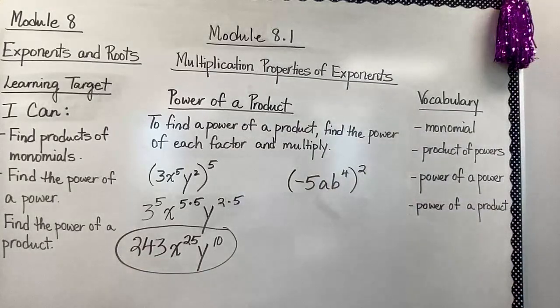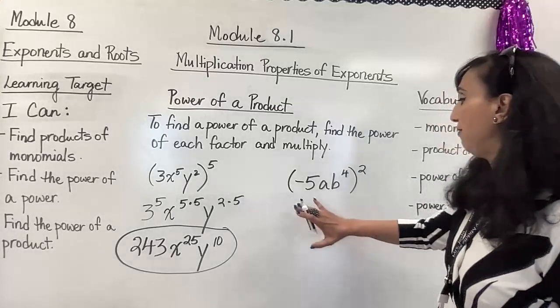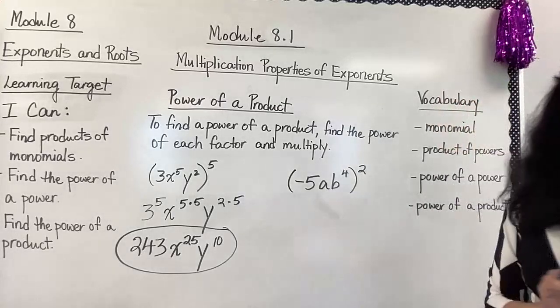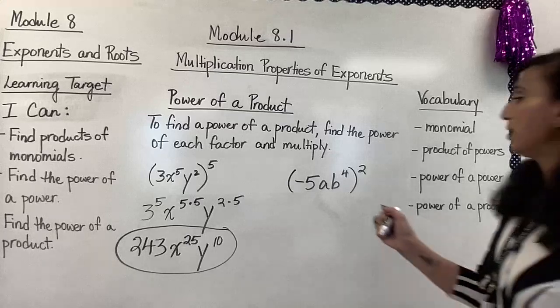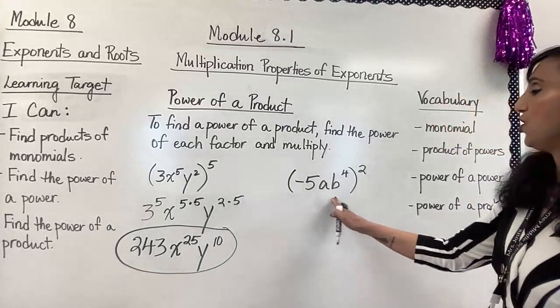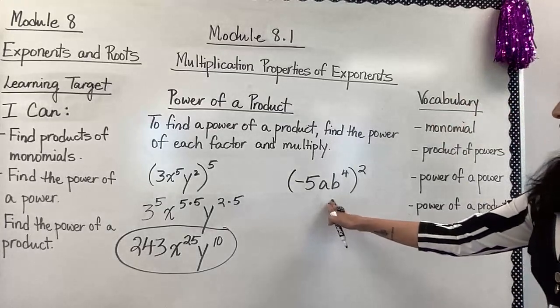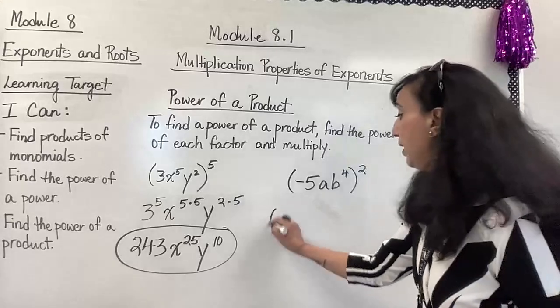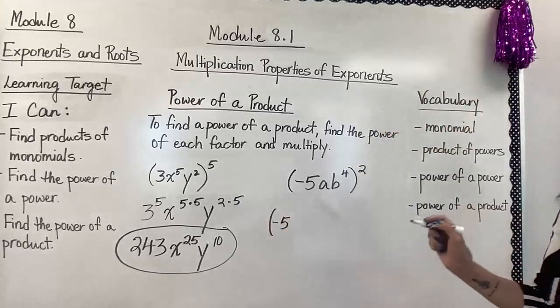Okay, so now, once again, I am going to take each of these separately, and the factors are -5, a, and b. And I'm going to go ahead and use the power of a product where I am separating each of these and I am multiplying it. Okay, so we are going to go ahead and do -5, right? We've got -5.